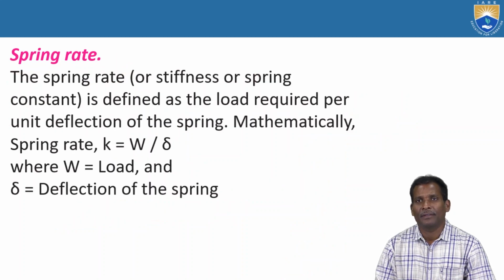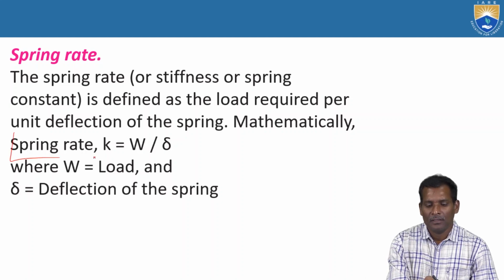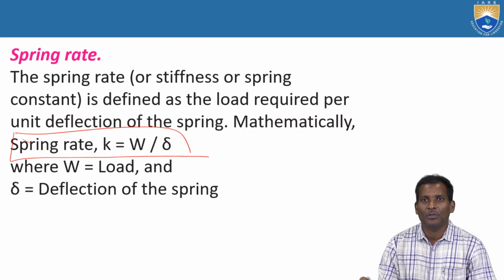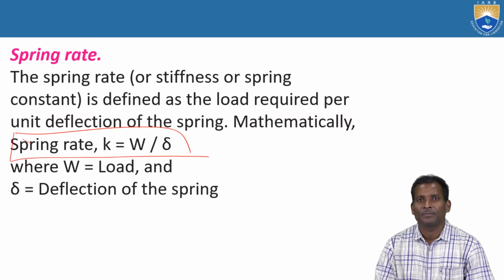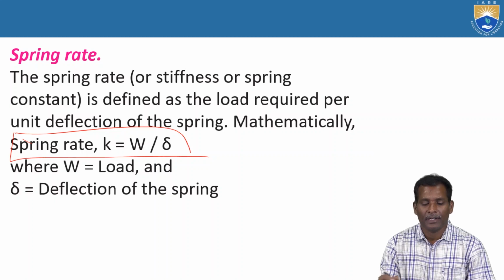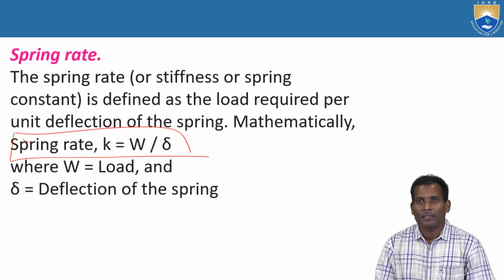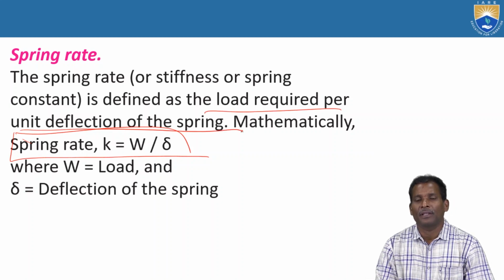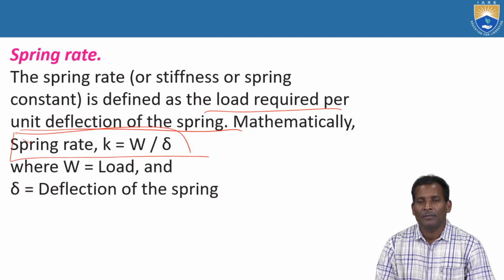And spring rate. Spring rate is also called the stiffness of the spring. It is denoted by the letter K and is defined as the load required for unit deflection of the spring. So how much it deflects for a given load.